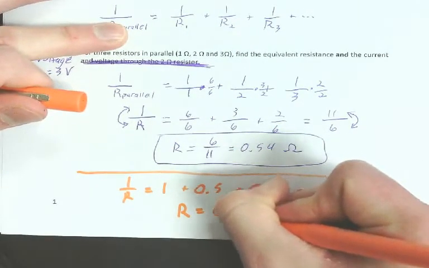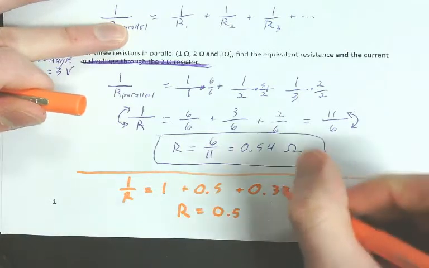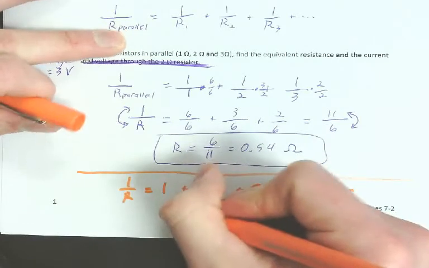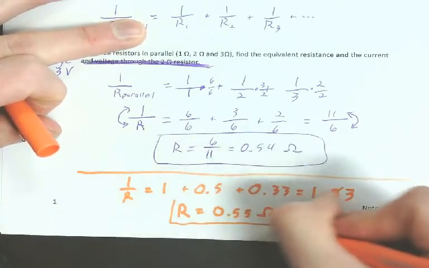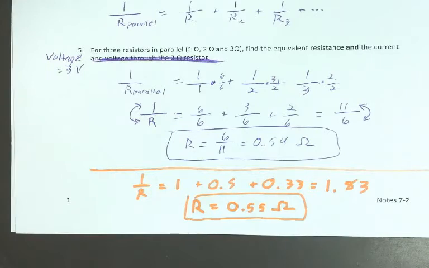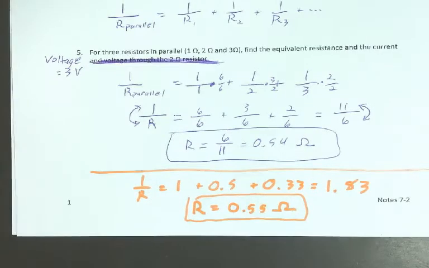Yeah, it's a little bit different. Yep, we got 0.55. That's not the end of the world, okay? But just keep in mind it's not going to be as accurate. And there you go. That's how you do those kind of problems.